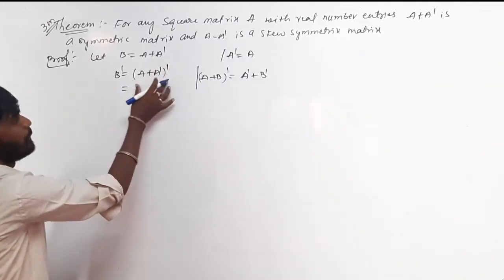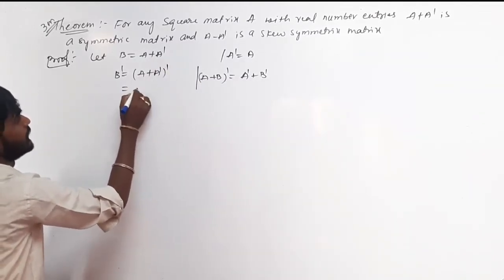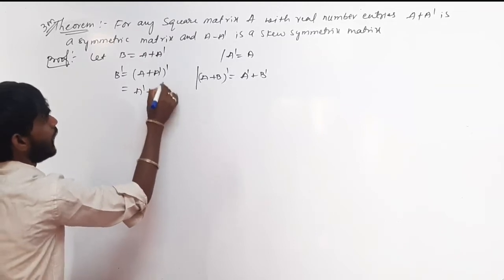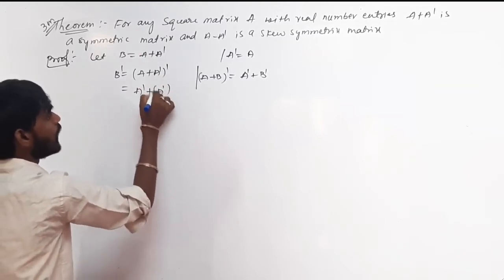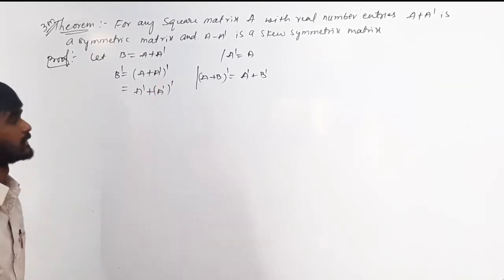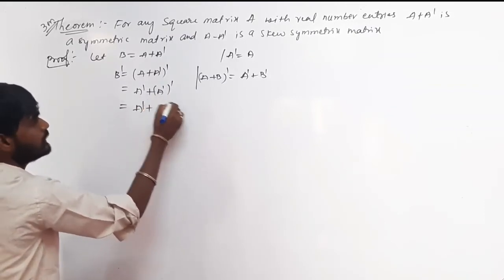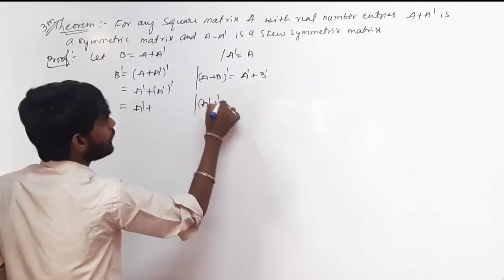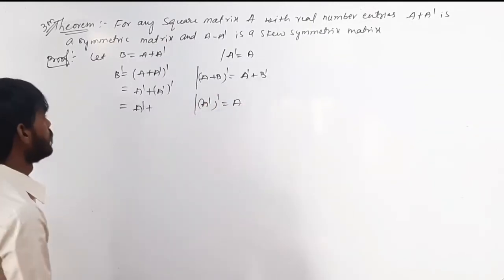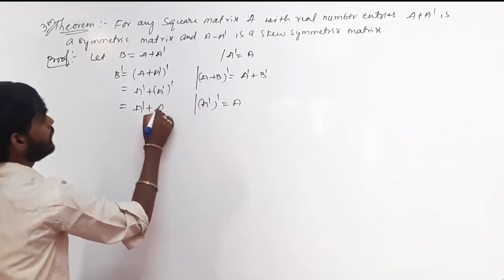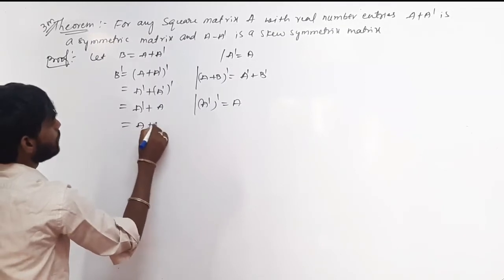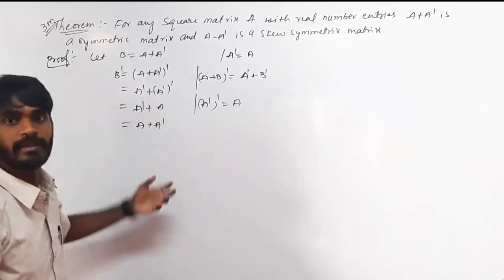Same thing, I am applying the transpose to these two terms, that is A dash plus, already A dash is there, and the other one is the transpose, that is A dash whole dash. So this is equal to A dash plus, we know that A dash whole dash will be A, right? So this is equal to A plus A dash, satisfying addition.